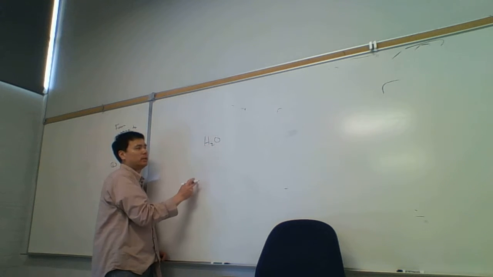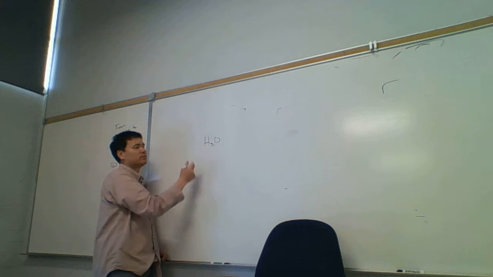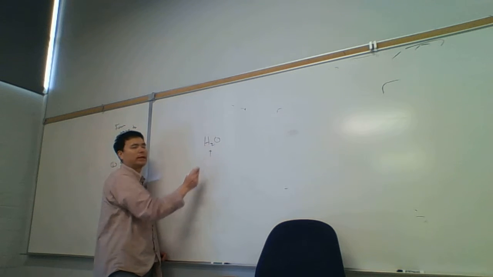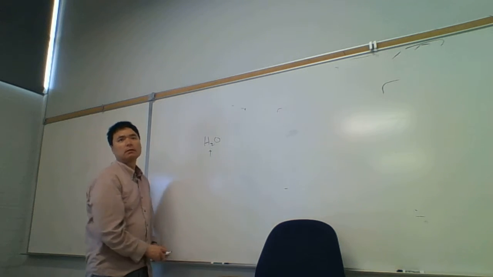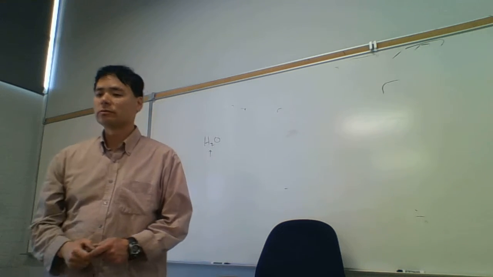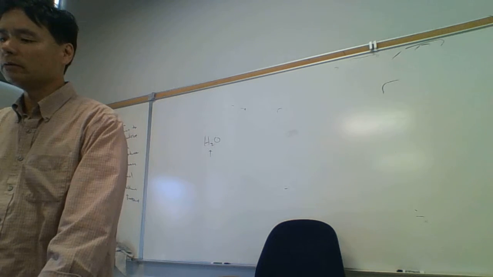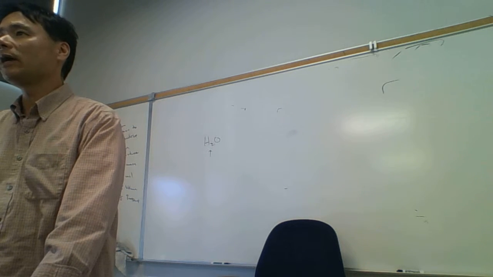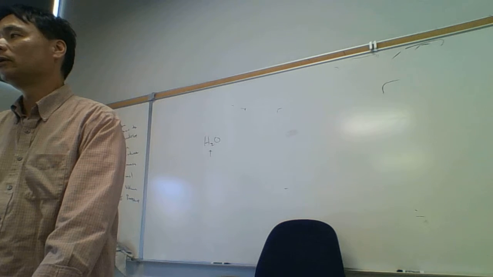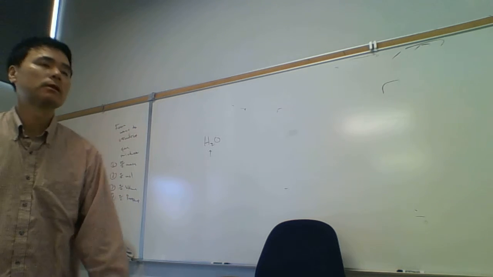Percent by mass would be, how many grams of hydrogen? Well, what does water weigh? Do you know how much water weighs? A water molecule? 18.02. A single water molecule, the average water molecule weighs 18.02 u. A mole of water molecules would weigh 18.02 grams. Right?